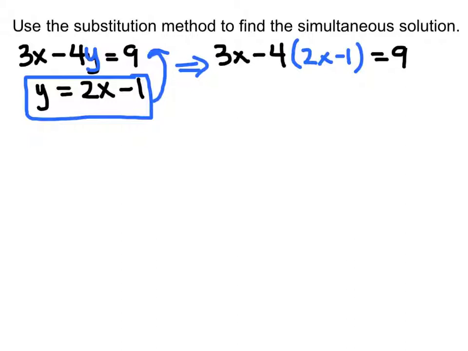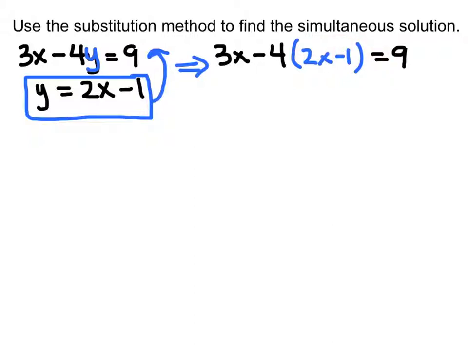So again, remember you looked at the bottom equation and you want to substitute it in for y in the top equation. So 3x minus 4 times y equals 9 now becomes 3x minus 4 times the quantity of 2x minus 1 equals 9.